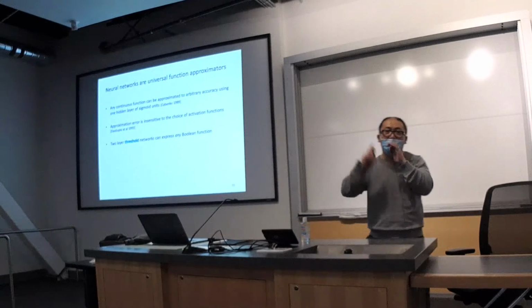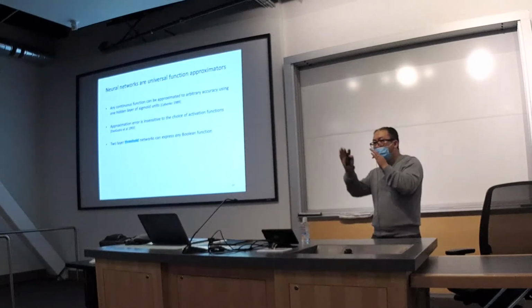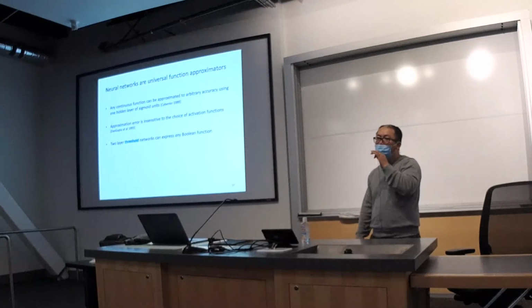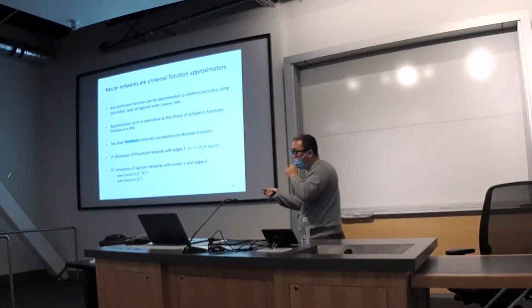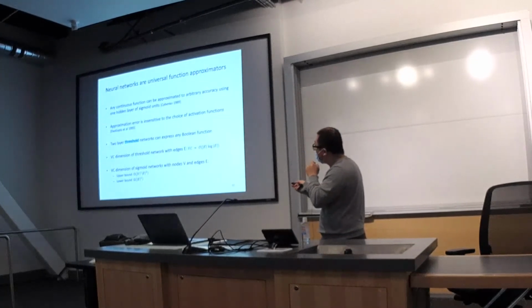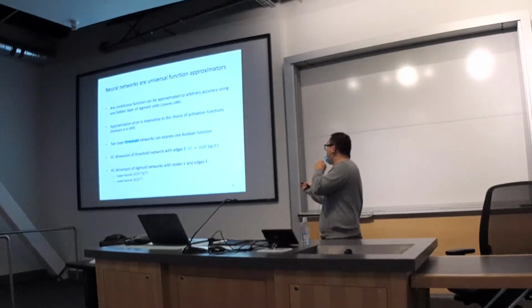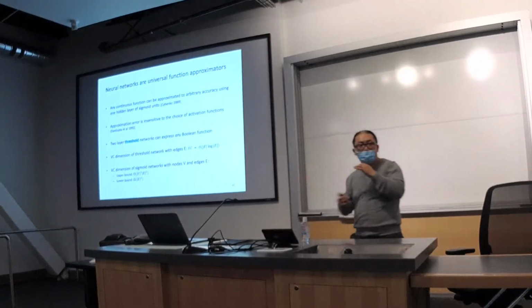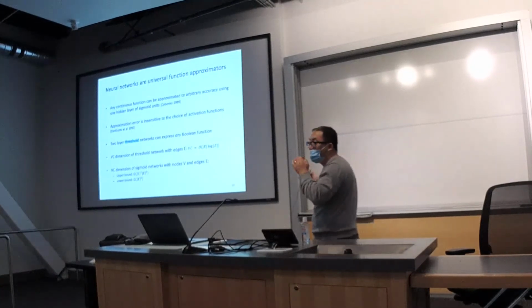This just talks about one hidden layer here. But in practice, as we discussed, we will have many layers. So here is the VC dimension of threshold networks. You can see the VC dimension is the number of edges times the logarithm of the number of edges. So when you have a wider network, you have more edges, and your VC dimension increases fast.